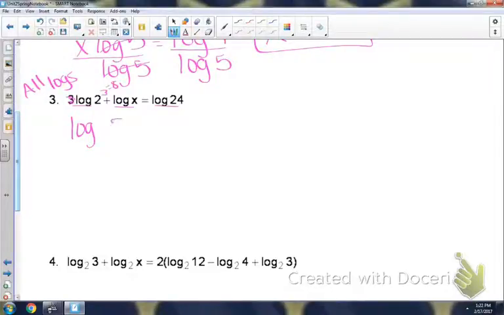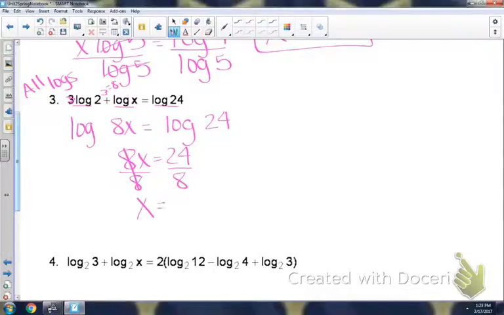So 8 times x, we're going to get 8x equals log of 24. So the left side we condensed to 1 log, the right side we already had 1 log. From here you can just drop the logs because we know that they're equal. So 8x would equal 24. So when you divide by 8, you get x equals 3.